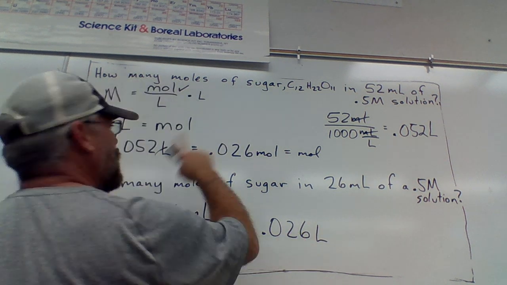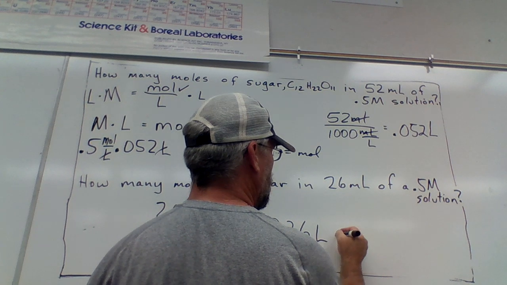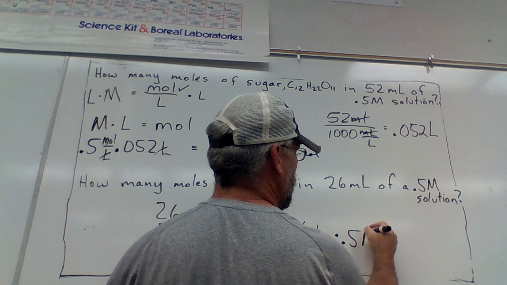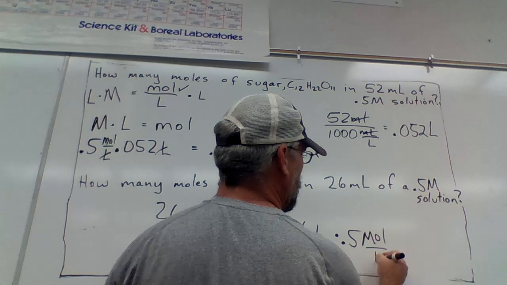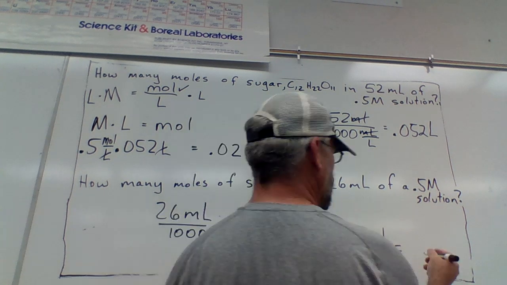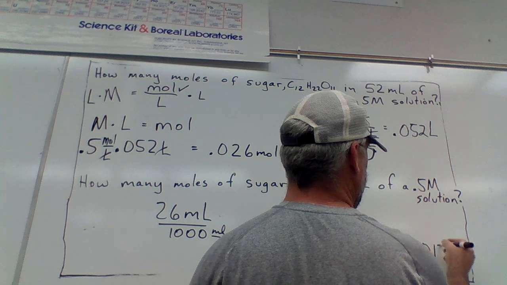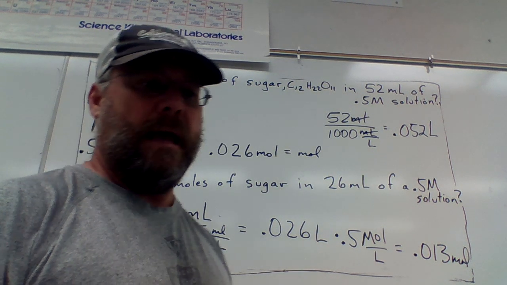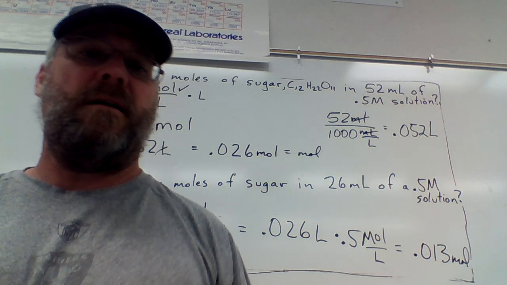Again, I multiply that by a half molar solution, so times 0.5 mole per liter, and that gives me 0.013 moles for my answer. And so that takes care of the check-in.